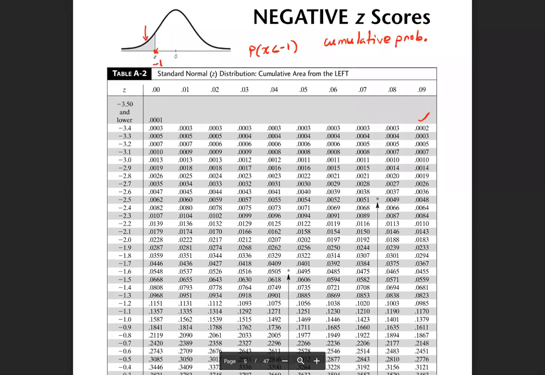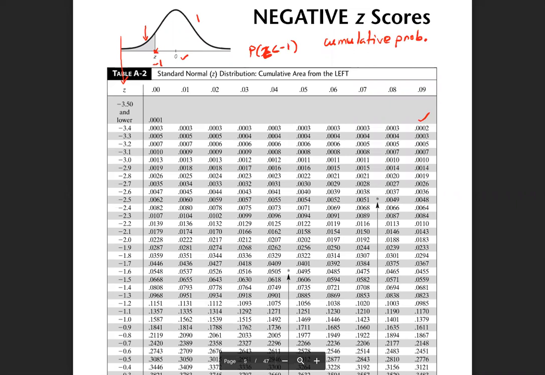To find that value, you look at the z-score. In this case, actually z, not x. Whenever we use z, we are implicitly assuming that the mean is 0 and the standard deviation is 1.